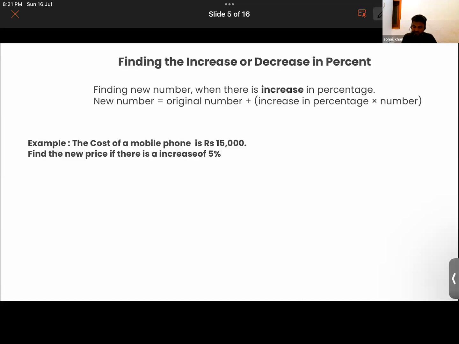Suppose the price of a TV is 16,850 and the price increased by 15%. Find the new price. Solve this one.